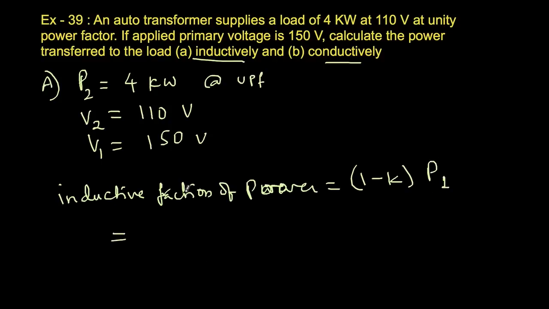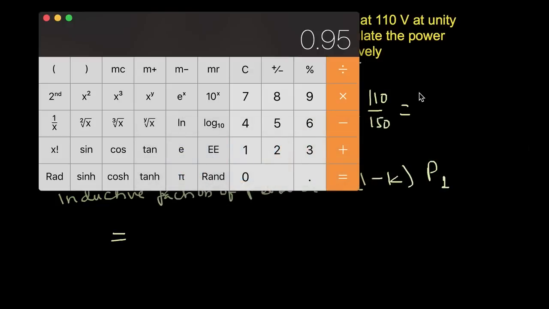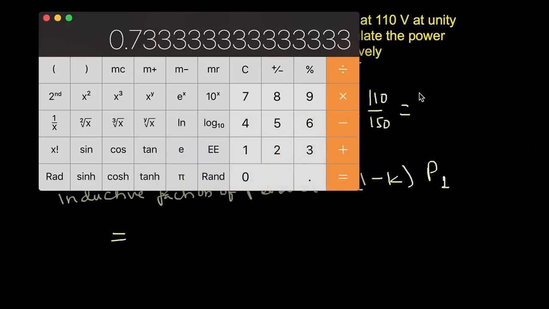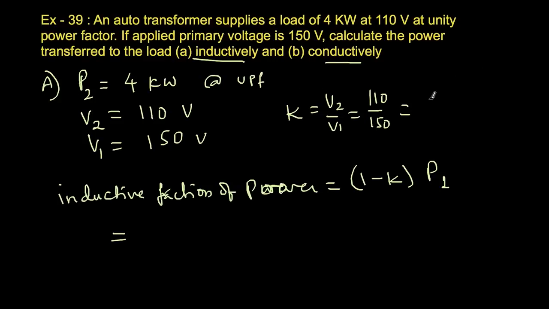So let's calculate that. What is K? K is V2 by V1, which is 110 by 150. How much is that? 110 divided by 150 is 73.33%, so 0.733.